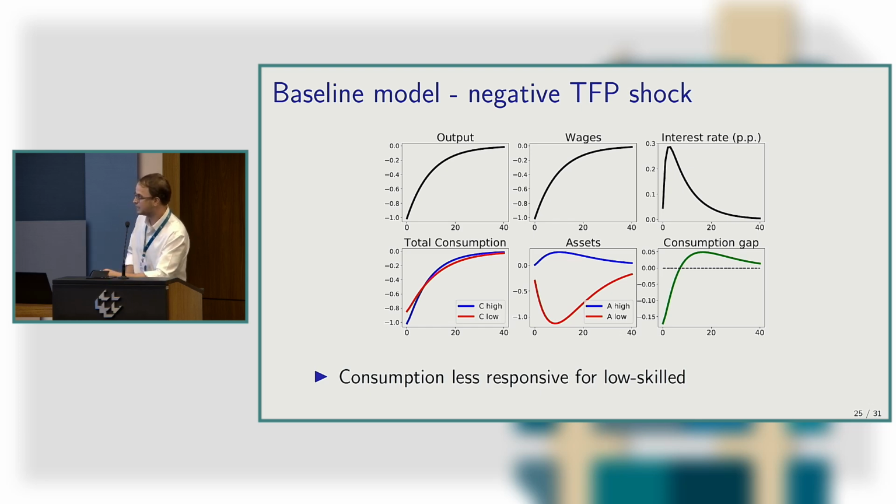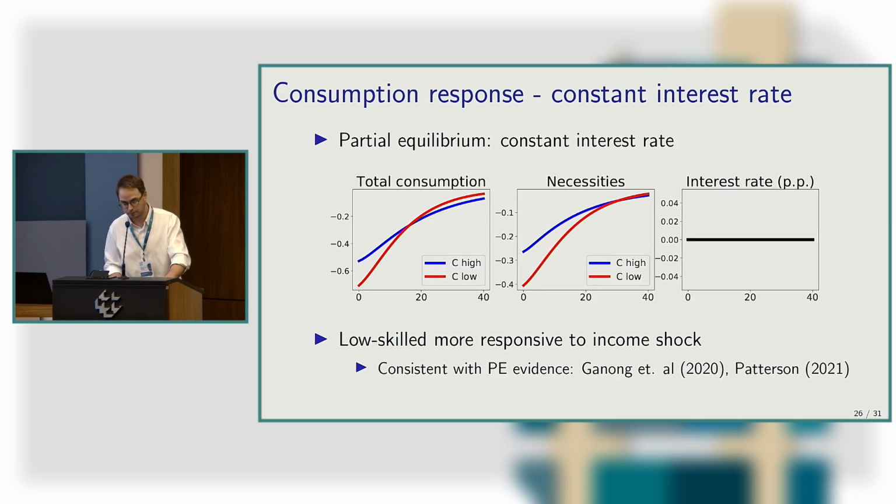So consumption is less responsive for these low-skilled workers. Now, to understand what is driving this consumption response, and that was my suggestion to Luis, do some decomposition following this spirit in the HANK literature.